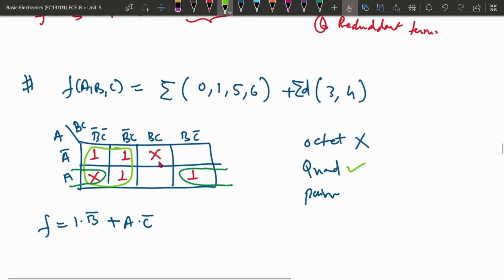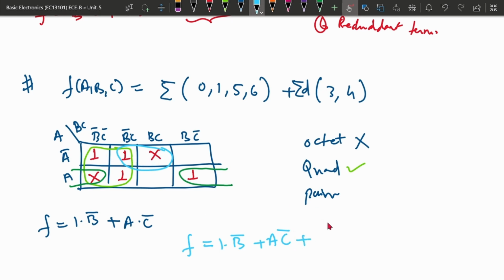Suppose we include this don't care, and we have made the pairing like that. In that case these two terms will be as they are, but there will be an extra term because of this.